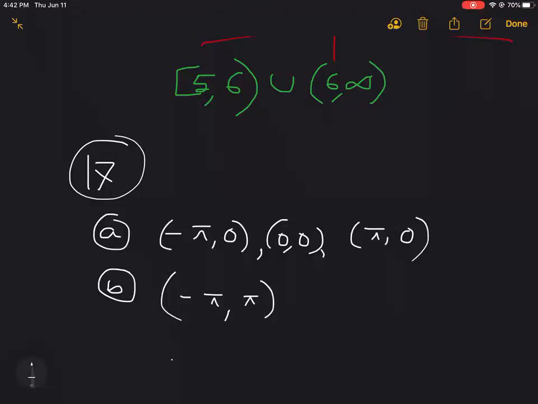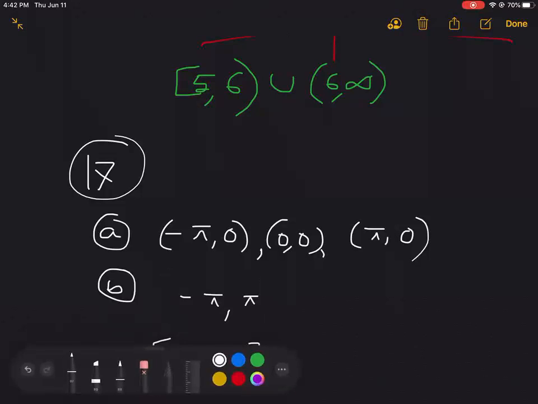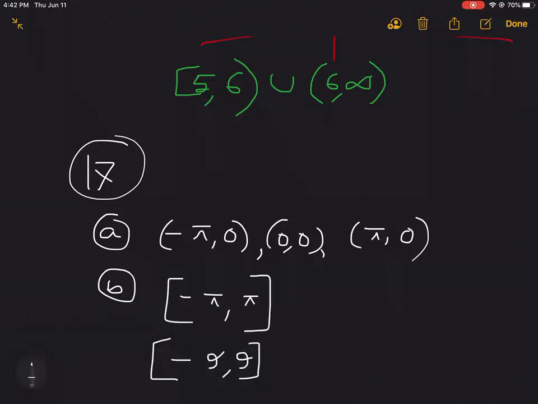So again, our answer is -9 to 9, closed, right? Because that is also included. Oh, sorry. I think the pi is also included. Sorry. I was on a flow, so I missed it out. I apologize for that. It should be closed as well because pi and negative pi is also included, right?